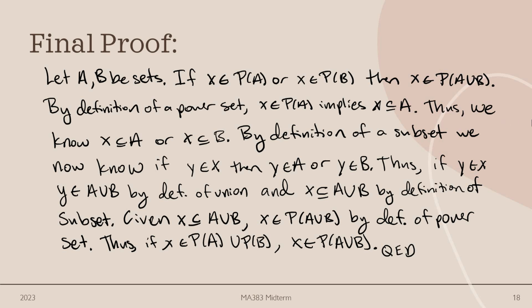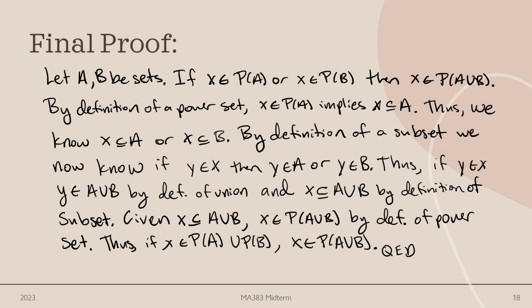Now, by definition of a subset, the same way we did earlier, if y is an element of X, then y must be an element of A, or y must be an element of B. And thus, y must be an element of A union B by definition of a union. Now, going back and using that definition of subset again, we know that if y is an element of X, then y is an element of A union B, which implies that X is a subset of A union B. Again, this is by the definition of a subset.